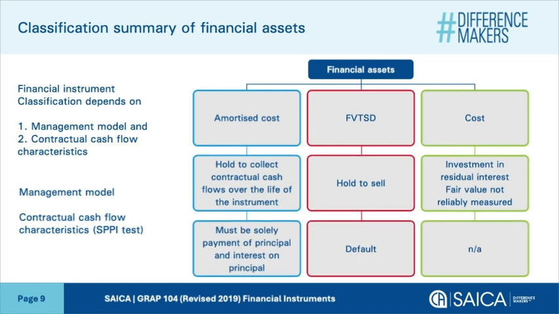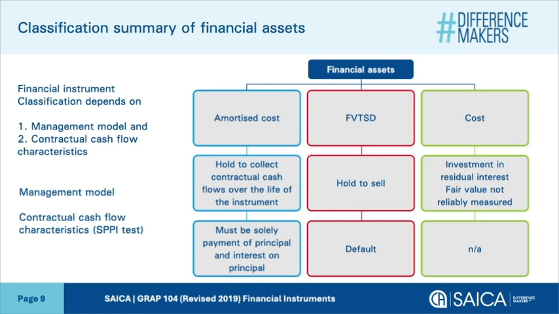The classification of financial assets can be summarized as follows. The classification can be at amortized cost, fair value through surplus or deficit, or at cost. It depends on the business model and the contractual cash flows, or the SPPI test as discussed. If the business model is to hold the financial asset to collect contractual cash flows over the life of the instrument, and the SPPI test is passed, then the financial asset is classified at amortized cost.